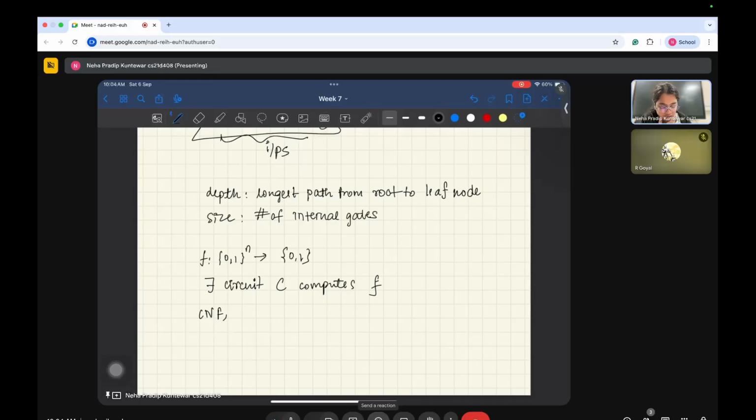This is something we can trivially come up with, but we are not happy with this because we also want the circuits to be small in size. So we ideally want circuits to be poly-sized.